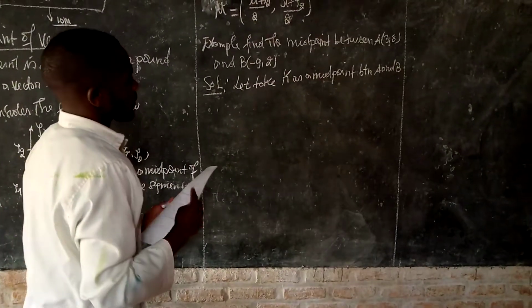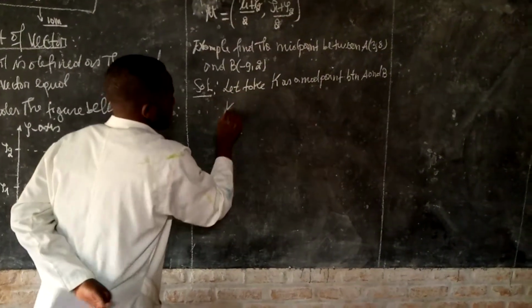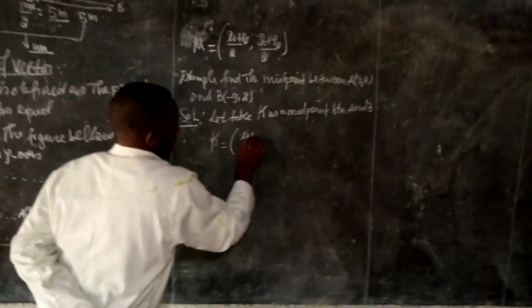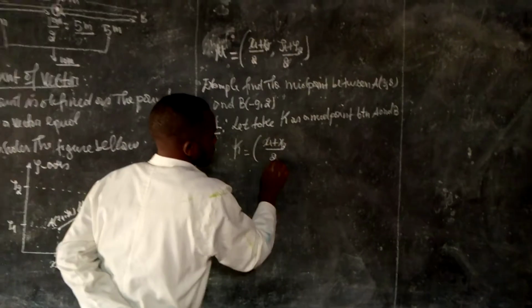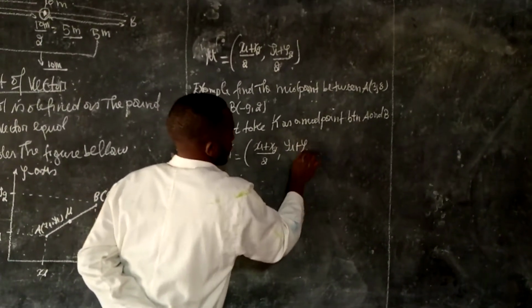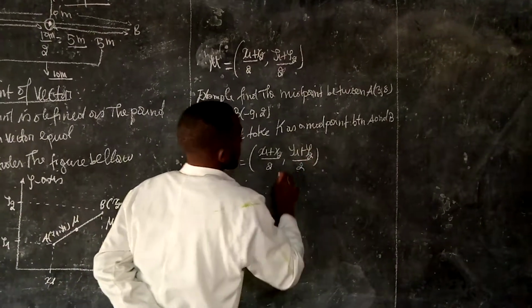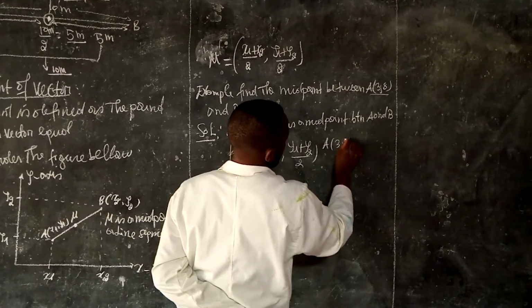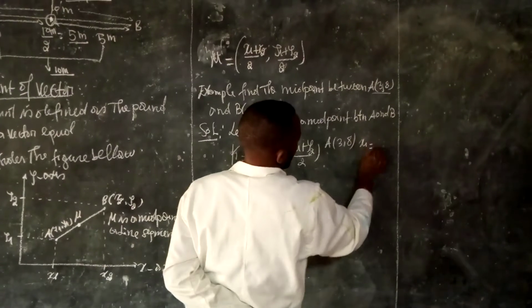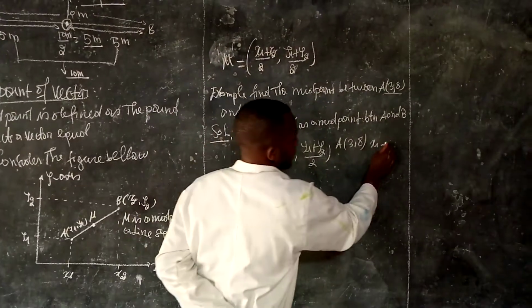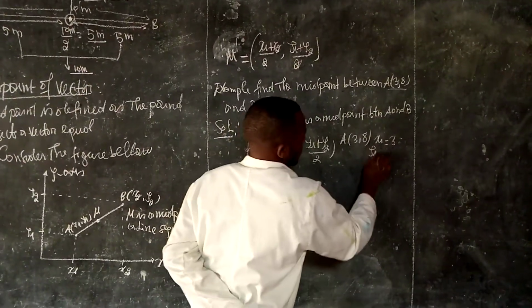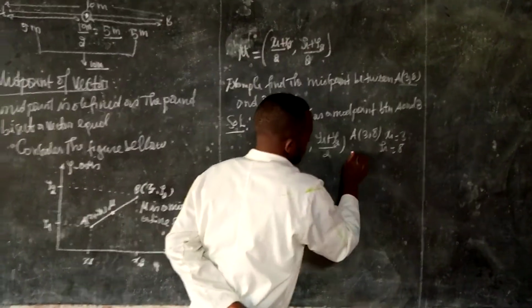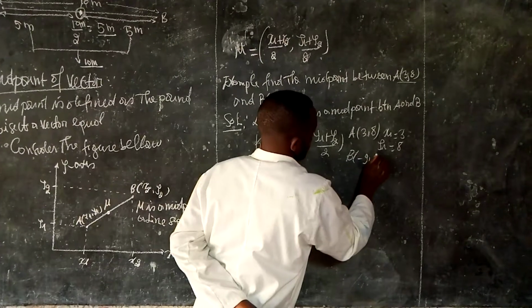Now remember that a midpoint is equal to x1 plus x2 over 2, y1 plus y2 over 2. Based on these points, here we have point A, 3 and 8, which means that x1 is equal to 3 and y1 is equal to 8. The second point is point B, -9 and 2.